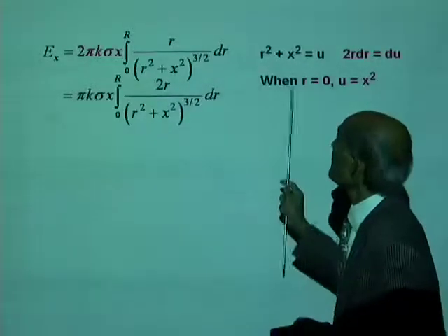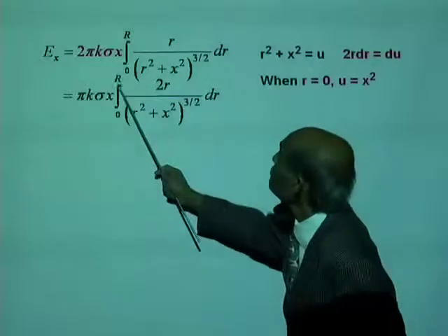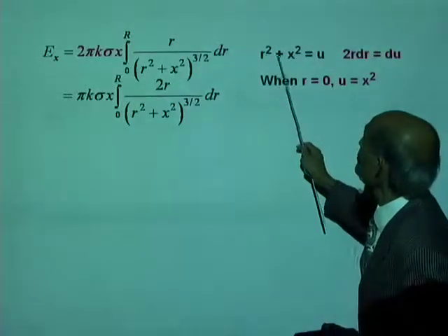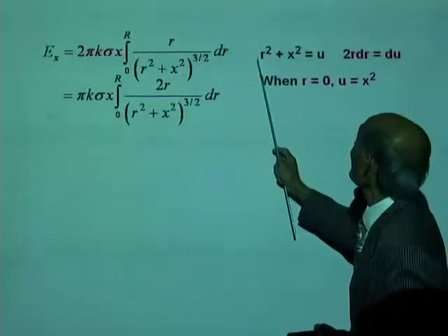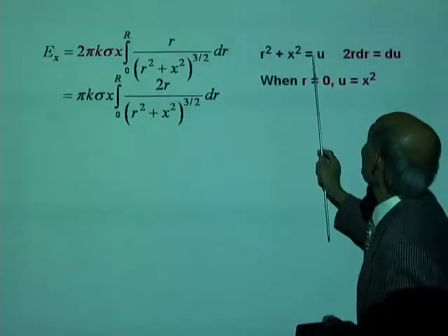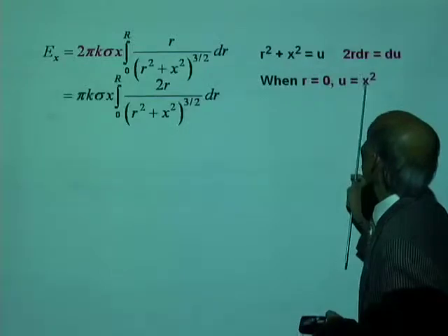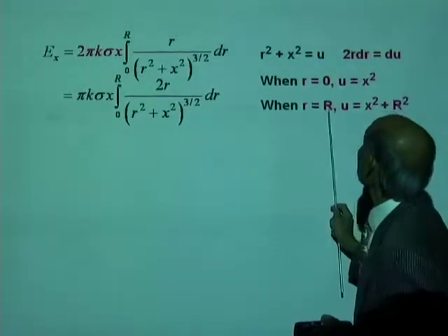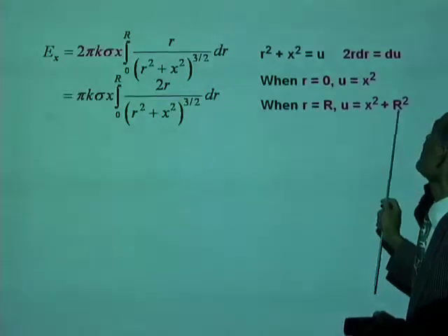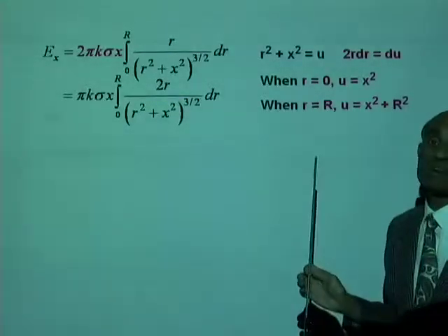Now use this to change the limits. When r equal to 0, u equal to x squared. And when r equal to big R, u will be x squared plus r squared.